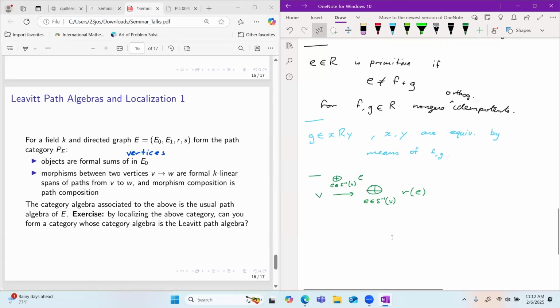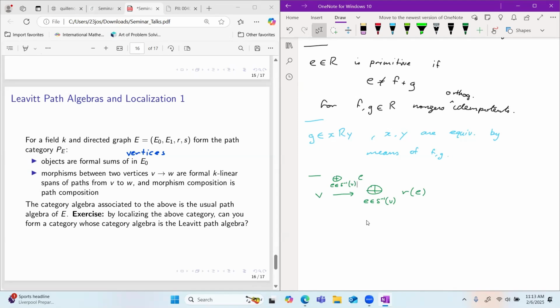And what we can do is form the category algebra in this way. If we localize with respect to these morphisms, you can actually get the Leavitt path algebra. If you want, give it a try yourself. There are some nuances which I haven't fully gone through due to time constraints.